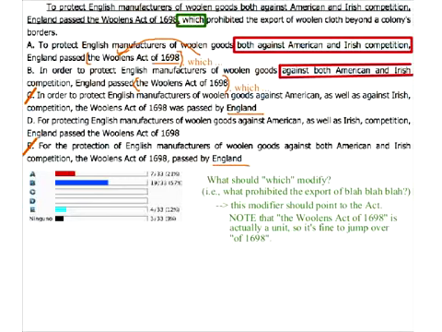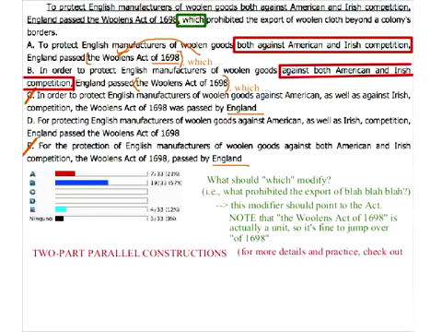So when you have two-part parallel constructions, I'll give you the brief summary. If you want more details and practice, check out the Thursday lecture on this, which is May 13th, 2010. Thursday lecture. But the basic summary is this.